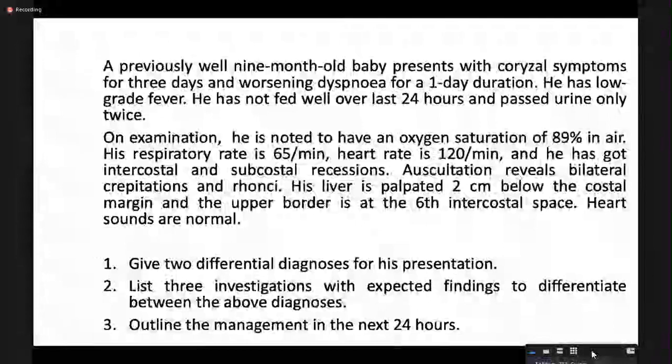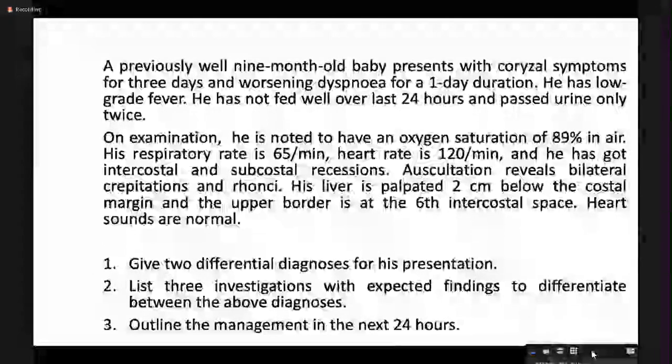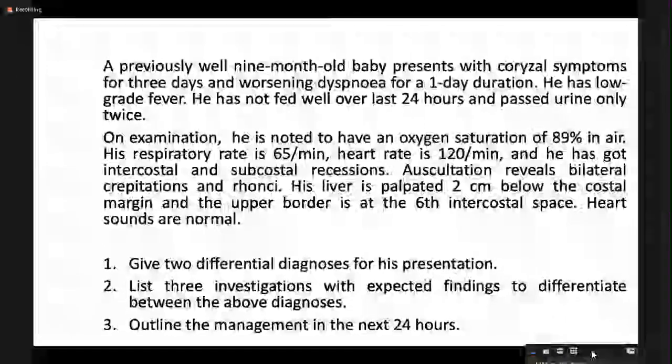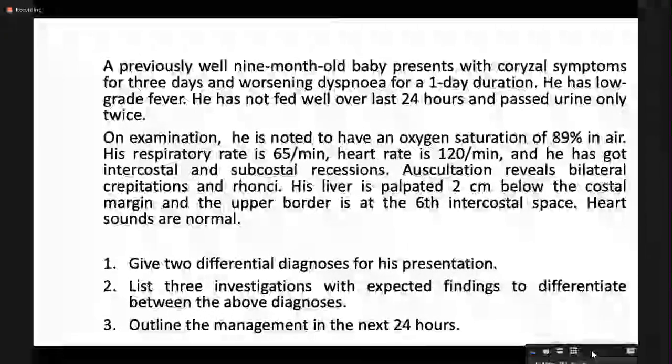On examination, oxygen saturation is 89% in air. His respiratory rate is 65 per minute. Heart rate is 120, and he has intercostal and subcostal recession. Auscultation reveals bilateral crepitations and bronchi. His liver is palpated 2 centimeters below the costal margin and upper border is at the 6th intercostal space. Heart sounds are normal. Give 2 differential diagnoses for his presentation. That's the first question.